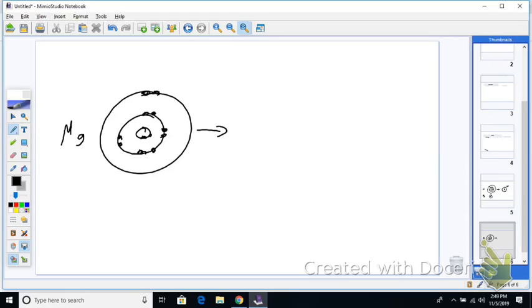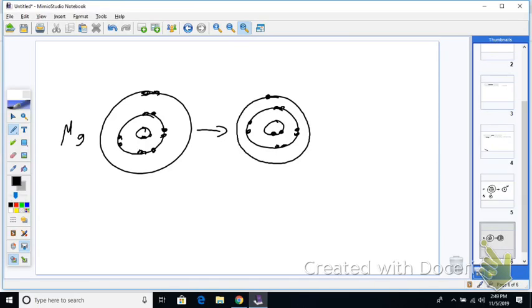Okay? Then we lose 1 electron. What happened to its size? Got smaller. Okay, even though it has that outer level, it does shrink.